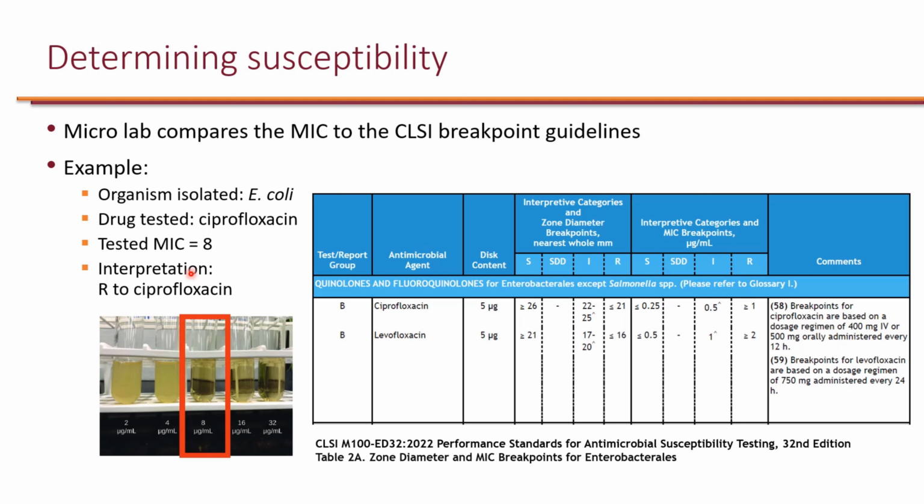In this case it is 8, so it's definitely resistant. So this E. coli in this sample is resistant to ciprofloxacin. Even though, if you give high enough ciprofloxacin, it's going to kill it, it's considered resistant because, given the safe doses of ciprofloxacin, we will not be able to achieve these concentrations in the human body.